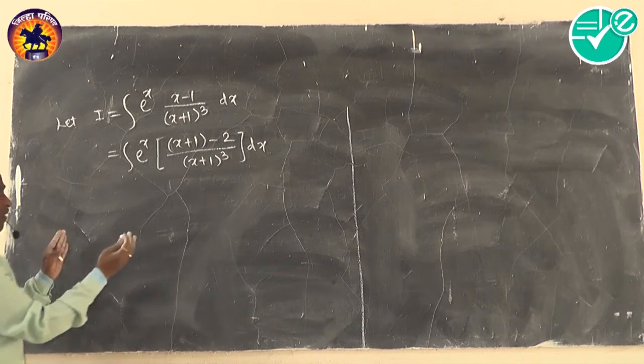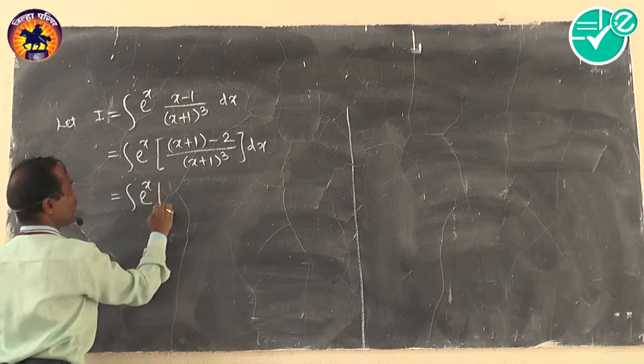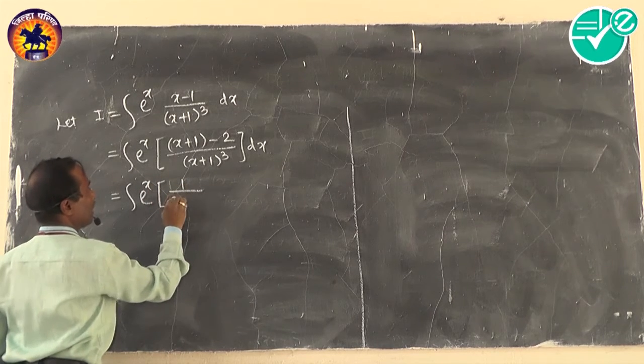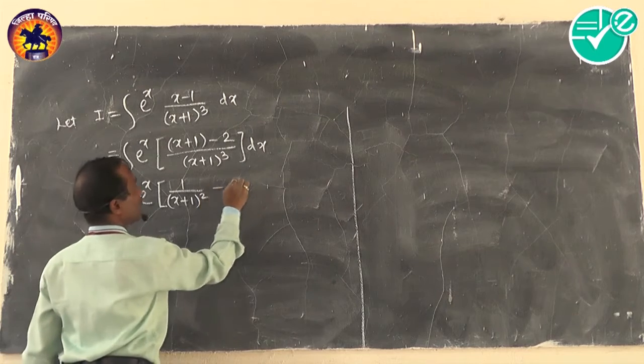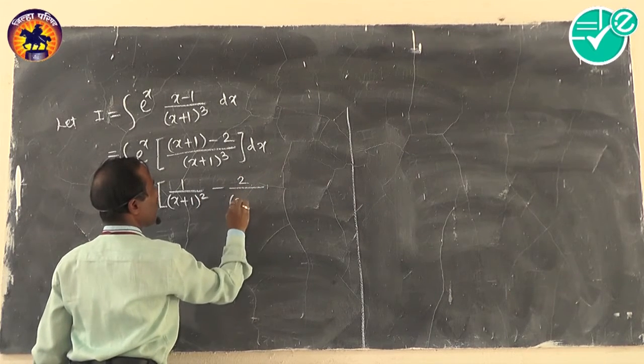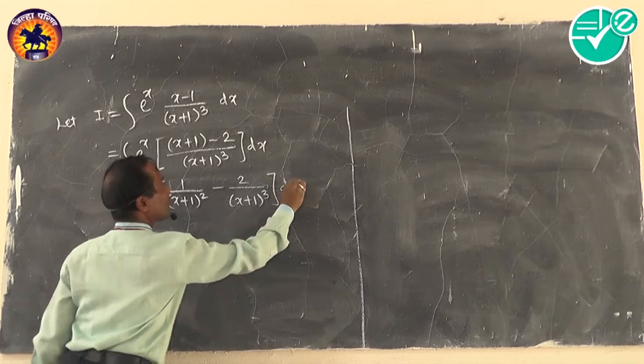Now separate the divide. We get integral of e to the power x into 1 upon (x plus 1) whole square minus 2 upon (x plus 1) whole cube into dx.